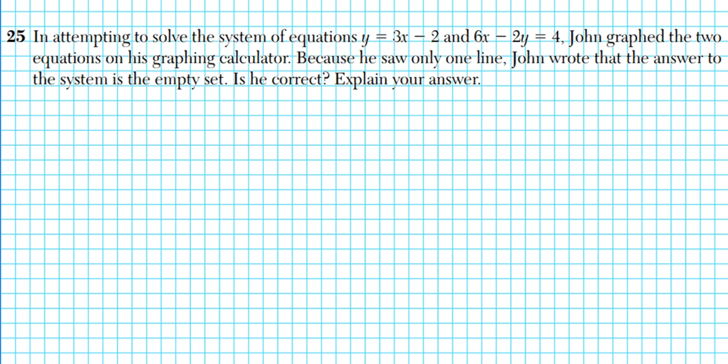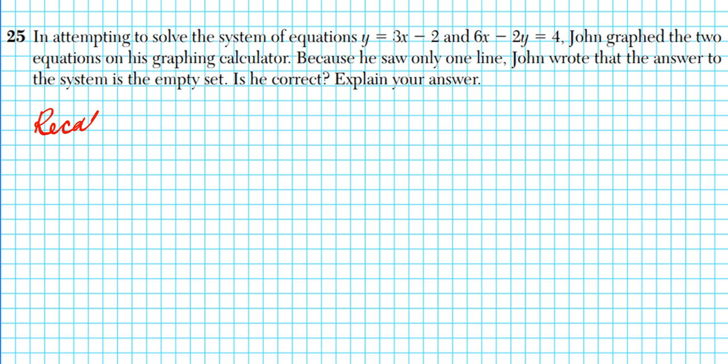Okay, before we do that, there is something that I would like you to remember. When you're solving systems of linear equations, you can either have no solution, one solution, or infinitely many solutions.